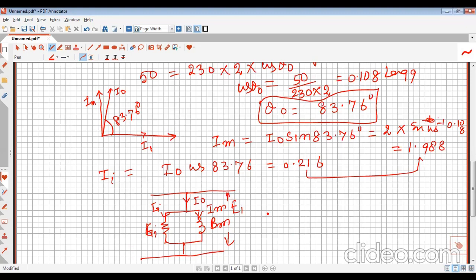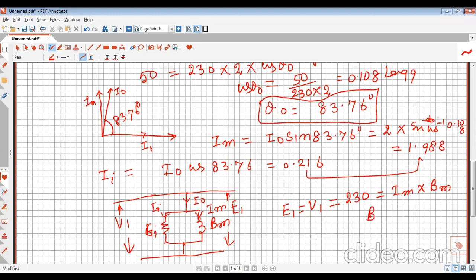Using this diagram, or using the voltage relation, we can find it. E1 is equal to V1, the supply voltage, and V1 is 230 volt. V1 we can write as IM multiplied by BM.